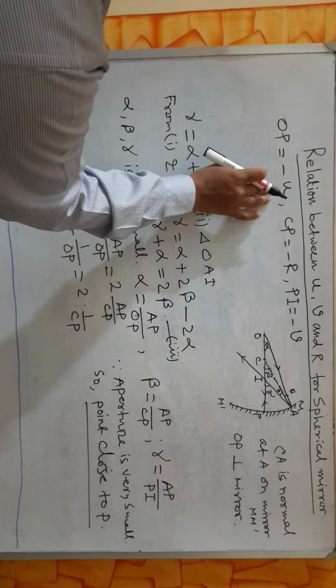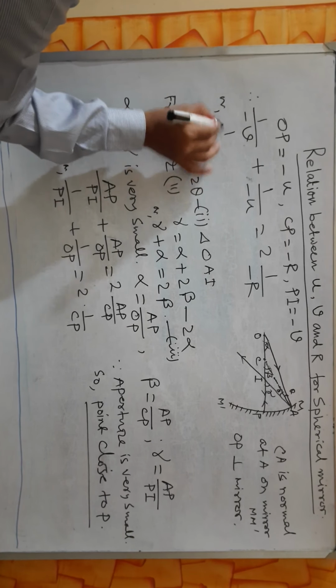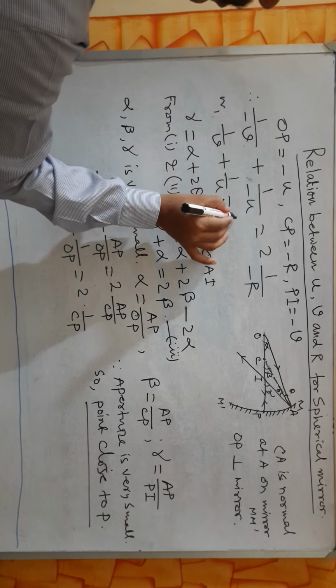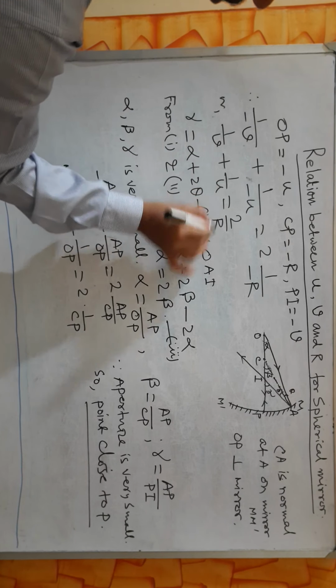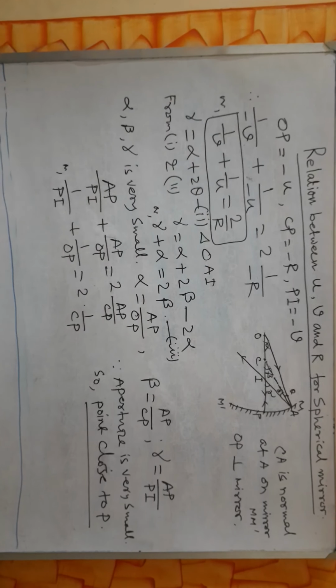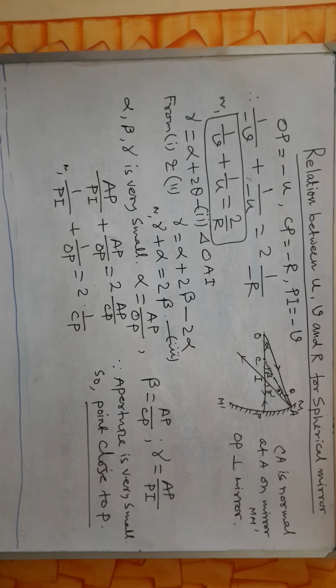So 1 upon minus v plus 1 upon minus u is equal to 2 into 1 upon minus R. So 1 by v plus 1 by u is equal to 2 by R. So this is the relation between u, v and R.